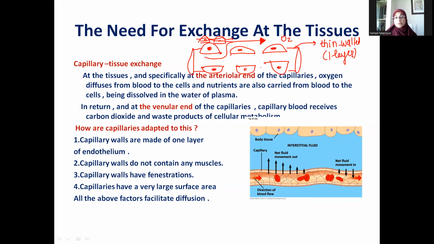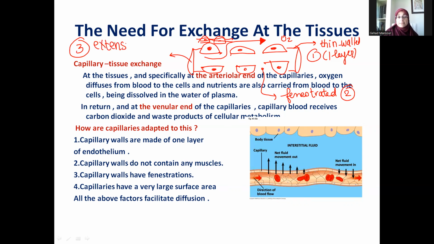The second adaptation of the blood capillaries is that they should be fenestrated. So the first one is thin wall. The second one is that they should be fenestrated to allow for exudation. The third one is that they have to be numerous and extensive.